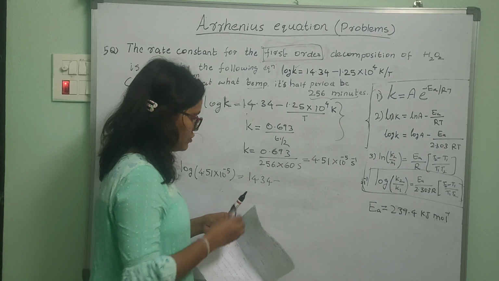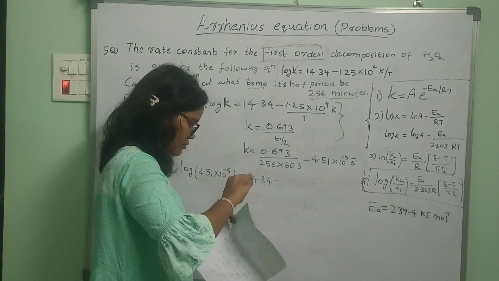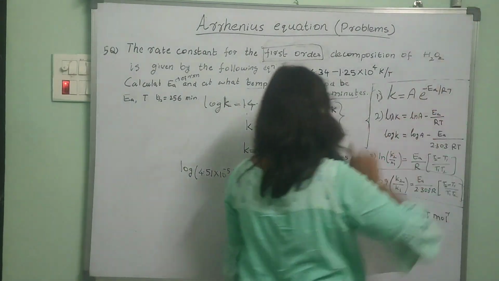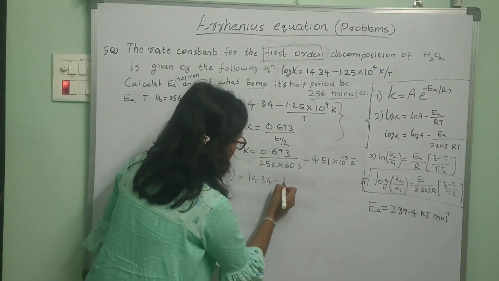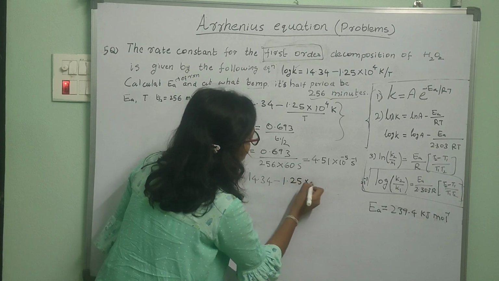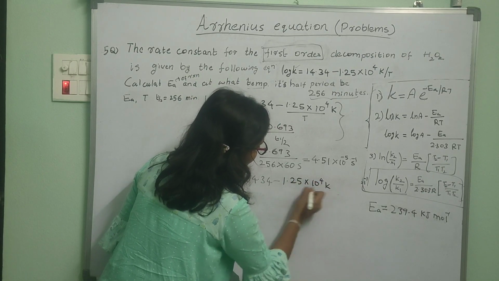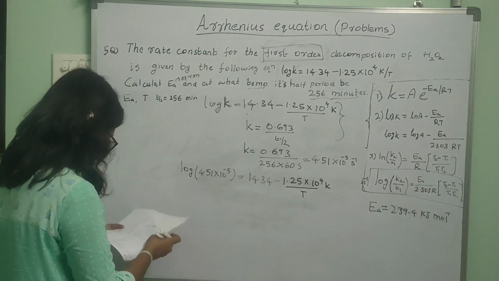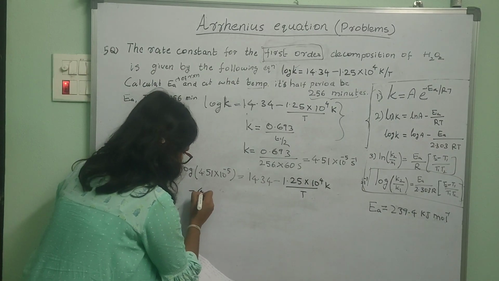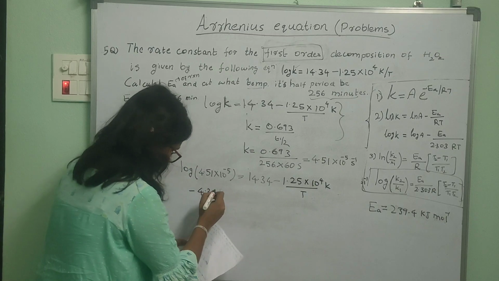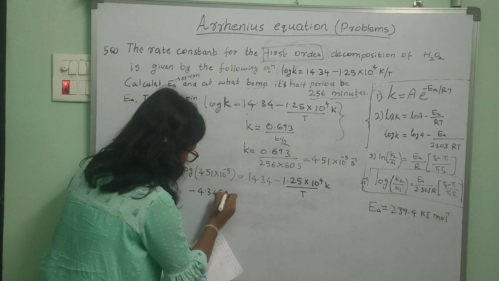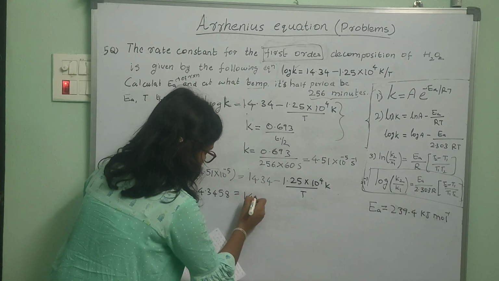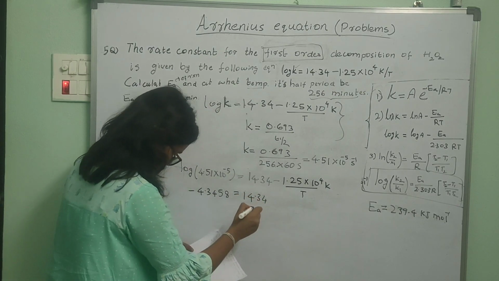So 14.34 minus 1.25 into 10 power 4 K by T. So this value is minus 4.3458.